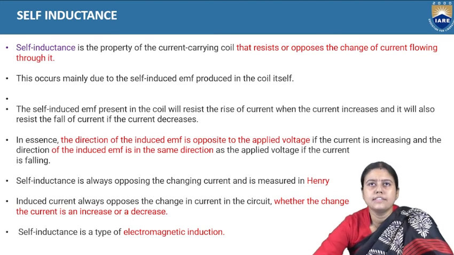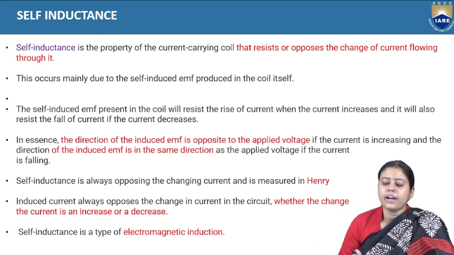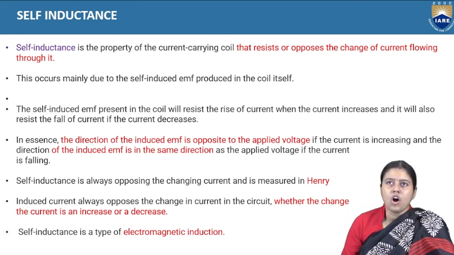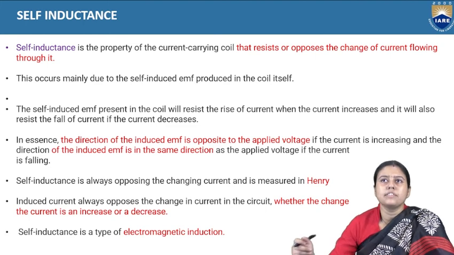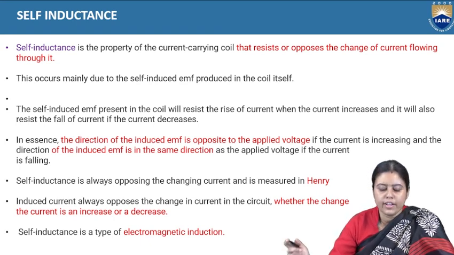Next, what is self-inductance? Self-inductance is the property of the current carrying coil that resists or opposes the change of current flowing through it, and this occurs mainly due to the self-induced EMF in the coil.